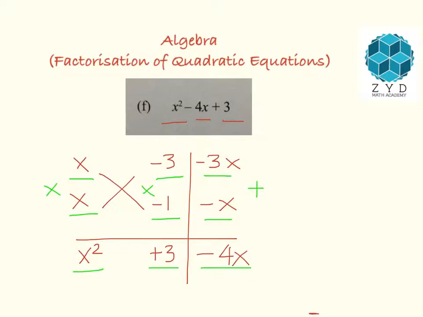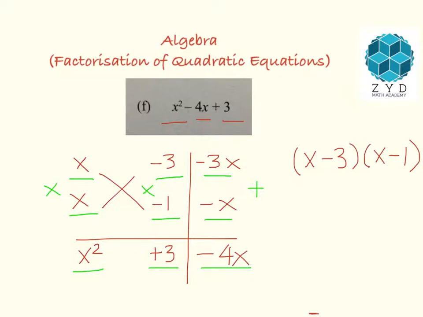Let's do an inspection again. Negative 3 multiplied by negative 1, you get positive 3. Yes, so this is the correct combination of terms. When this expression is factorized, you will get x minus 3 and x minus 1.